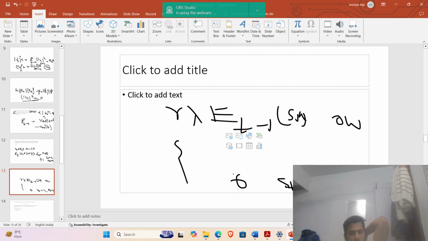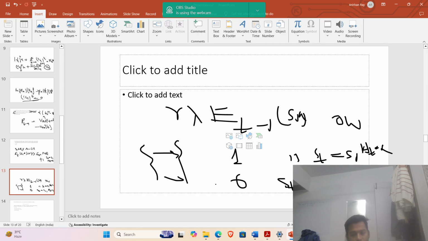So the eligibility trace will become 0. It is 1 if S t is equal to s and A t is equal to a, so you remain at the state and you are taking the desired action. So this is what the Sarsa lambda algorithm is. This is called the replacing traces. In this case you are replacing the traces, here you are making it 0.